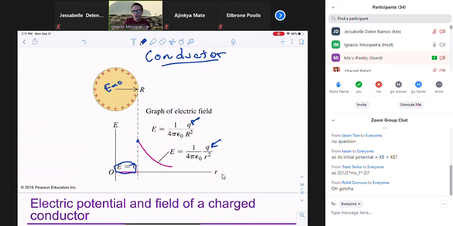So right inside is zero, right outside it jumps. That's kind of funny behavior. That's telling you you're concentrating all the charges right at the surface, which is why it jumps. So this is how I would plot the electric field: inside is zero, outside it goes like 1 over r squared. Okay, great.